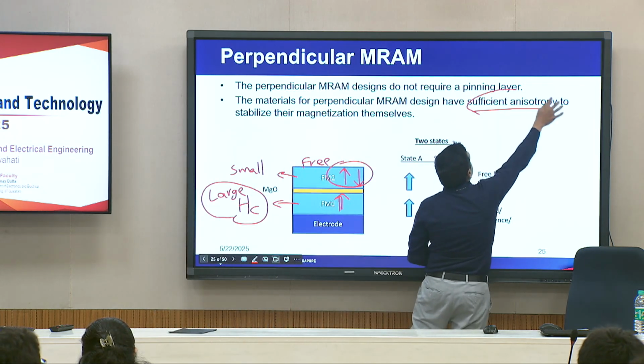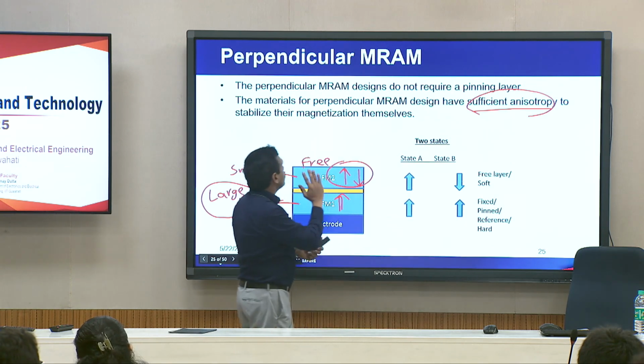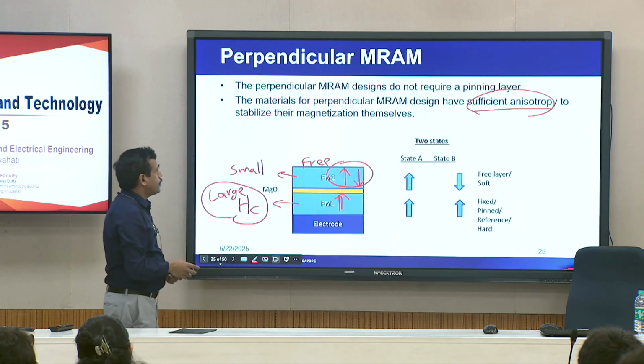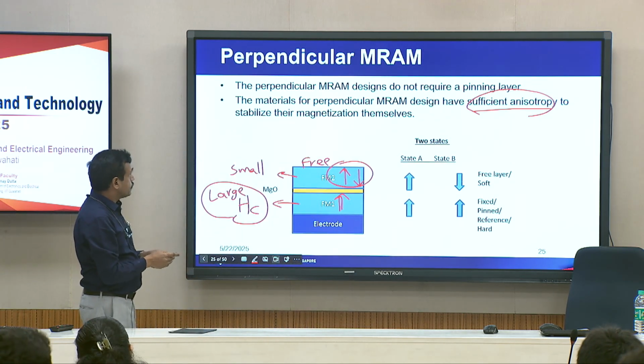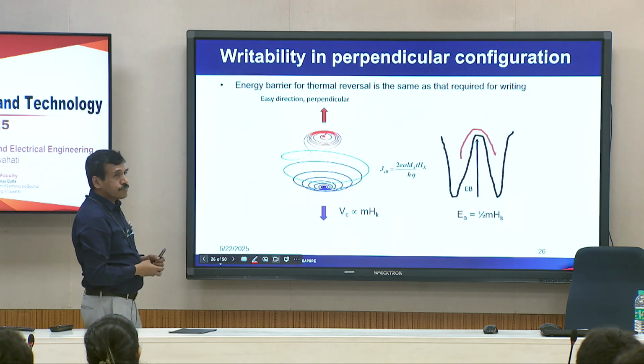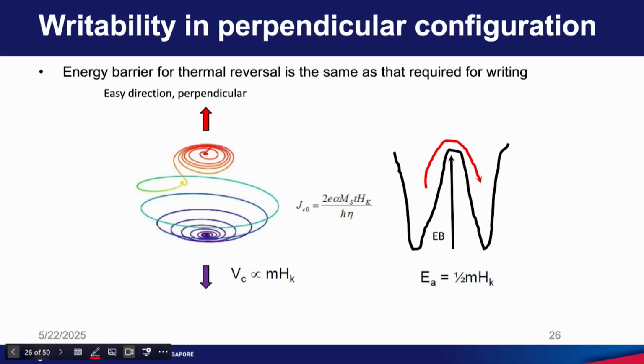So this anisotropy is needed to make the magnetization point in the perpendicular direction. Okay, so we mentioned that in the case of in-plane MRAM, we spend extra energy to write information, but here we don't have that problem.